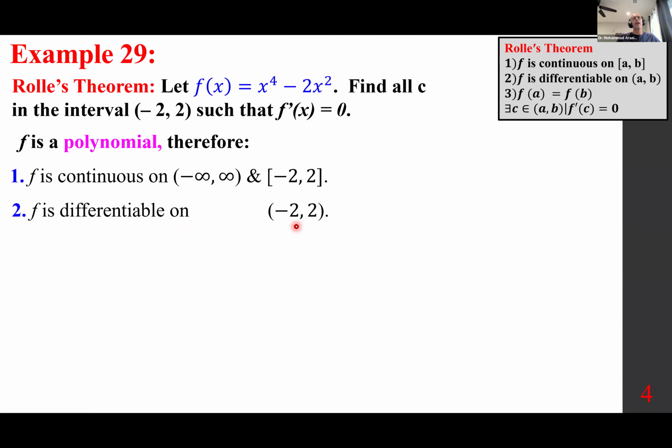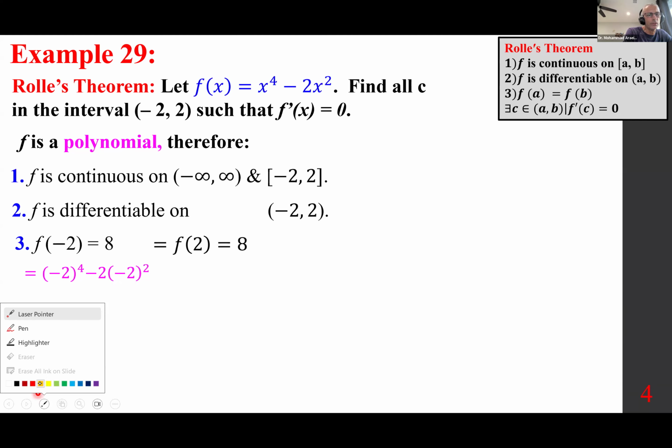So we are going to evaluate the function at the endpoints. We're going to plug in -2. That means (-2) to the power of 4 minus 2 times (-2) quantity squared. I hope you recognize if you plug in 2, you also get 8. This becomes 16, and this becomes 4 times -2, which is -8.